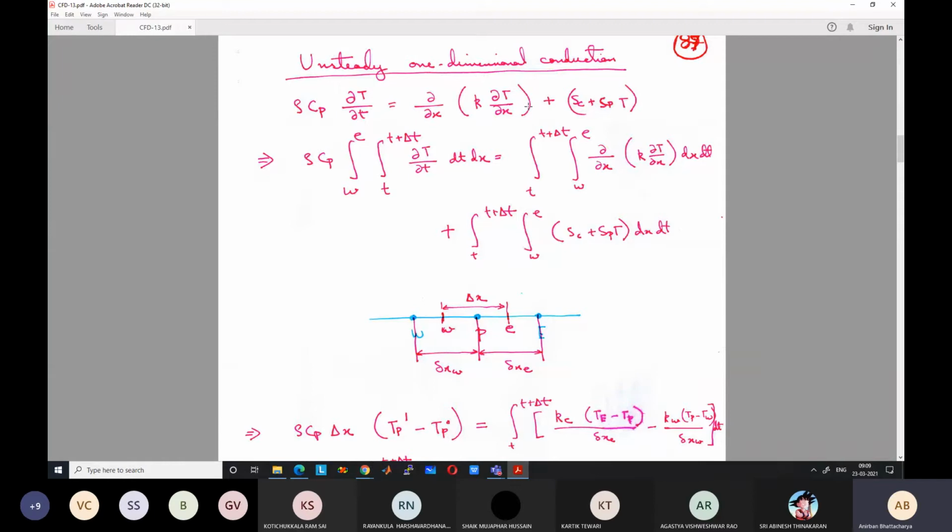In that case also, you will have unknown temperature values because of the new temperature terms which are present, and you again will have a set of equations which needs to be solved simultaneously, similar to the fully implicit scheme. And in general, you can divide in any way we have discussed, using some factor giving a weightage to how much of the input you want to take from the new time step and how much from the old time step.